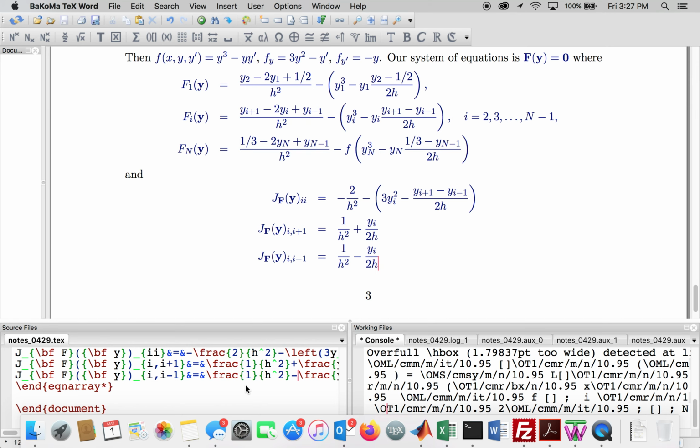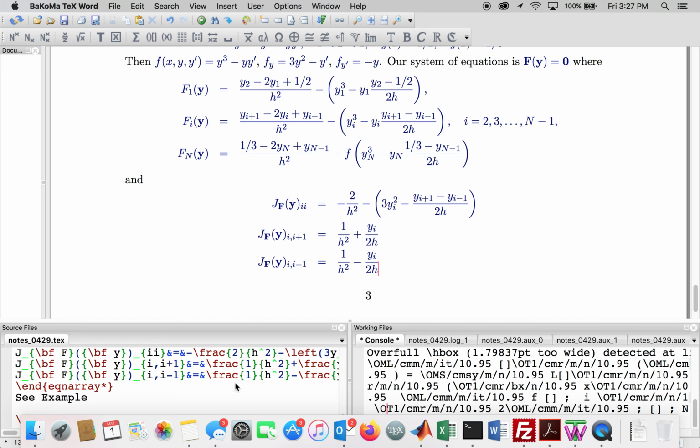So the last thing I want to mention is example 13.2.3 for code to set up a boundary value problem.